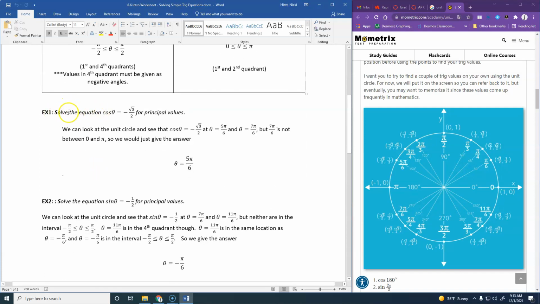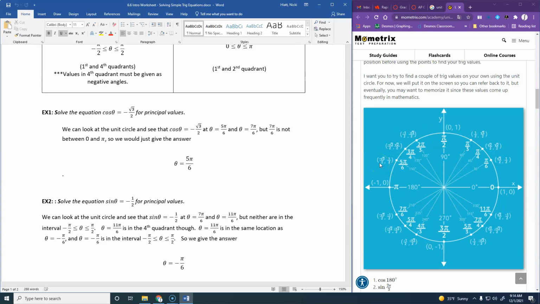We're going to do really simple ones here. We're going to solve the equation cosine of theta equals negative 3 pi over 2 for principal values. So we're looking at the unit circle to see where cosine equals negative 3 pi over 2. We're looking at cosine, which is our x coordinate, and we're just going around the circle to see where we see negative square root of 3 over 2.